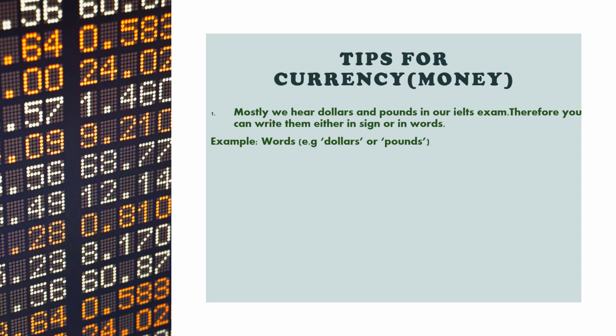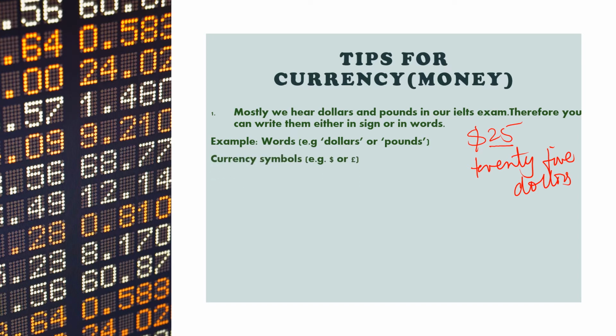Okay, so you should write $25, or €25, something like that. You have to write the dollar and pounds sign with the number instead of writing $25 in words. Okay, so to avoid the spelling mistakes, it is preferred to write the numbers and signs.